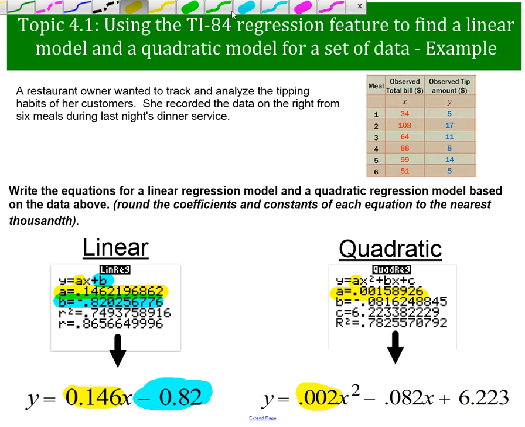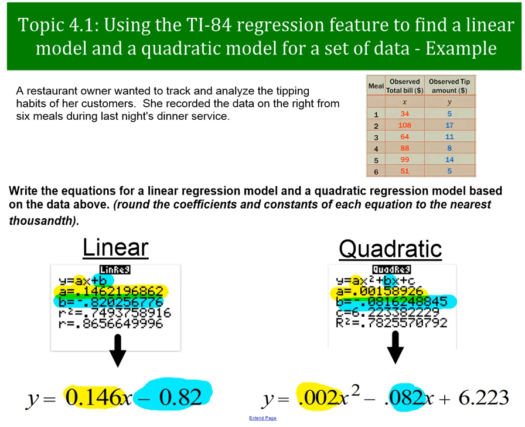And then my B value here, the coefficient to the linear term in the quadratic function, that's this number here. And lastly, my C value, because the quadratic also has a constant, is this C value in here.